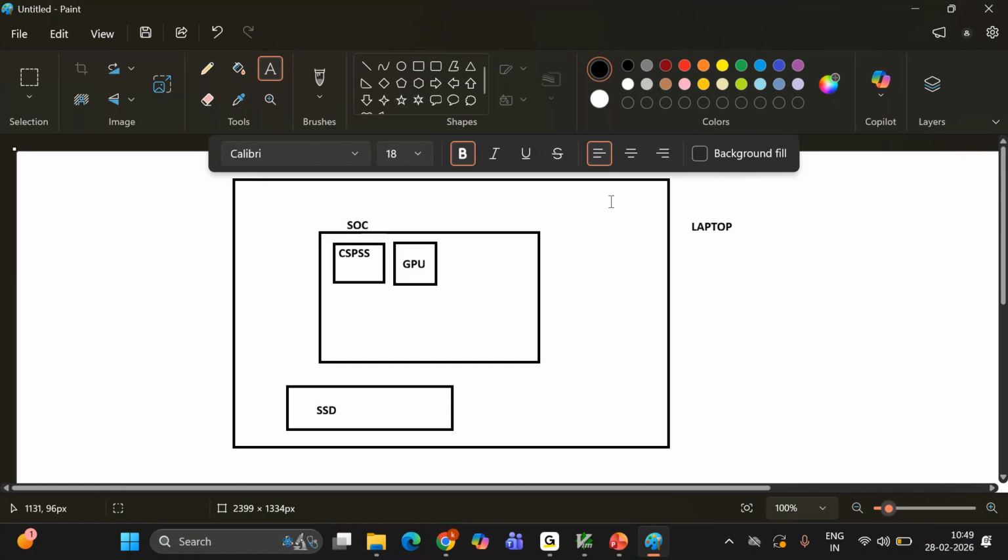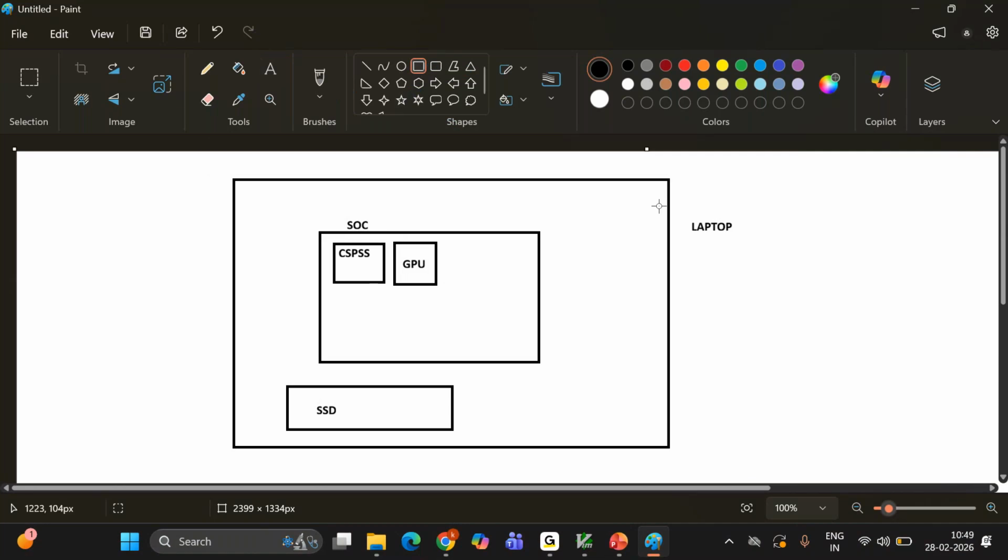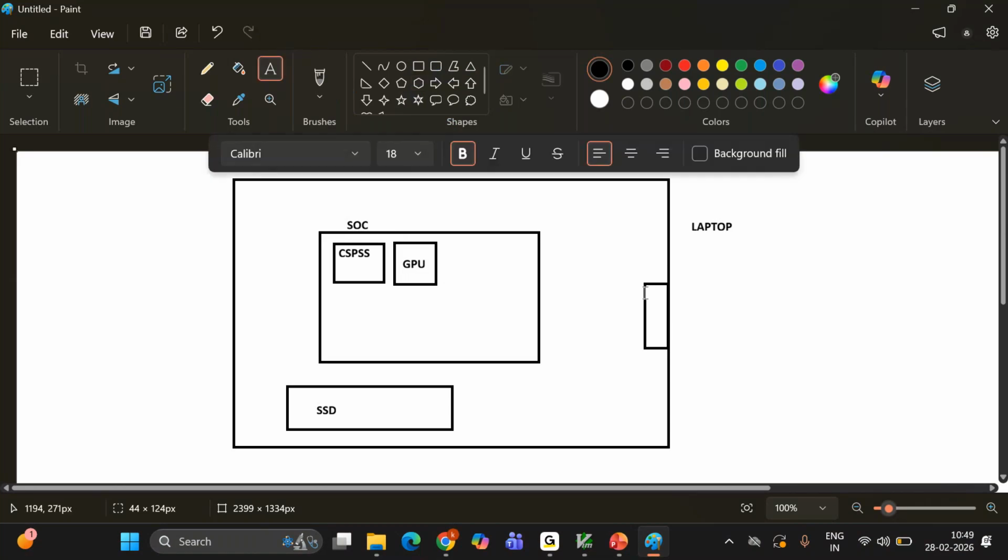You'll also have some ports present here, such as a USB port, one example.